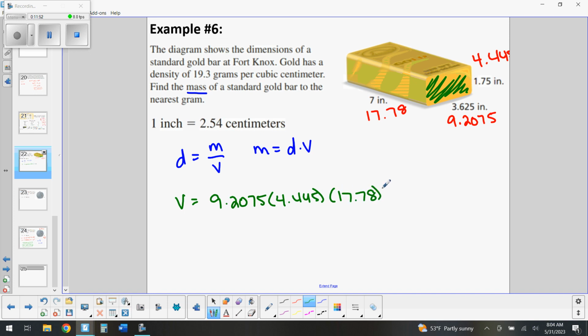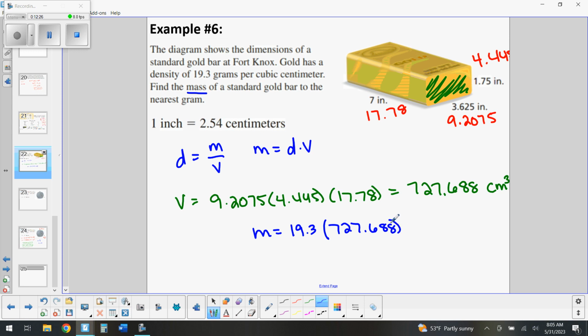And if I multiply all of these numbers, oops, typing in my calculator wrong, I get a total volume of 727.688 cubic centimeters. So now we're going to go back to this equation and say that the mass equals the density, 19.3, times the volume.